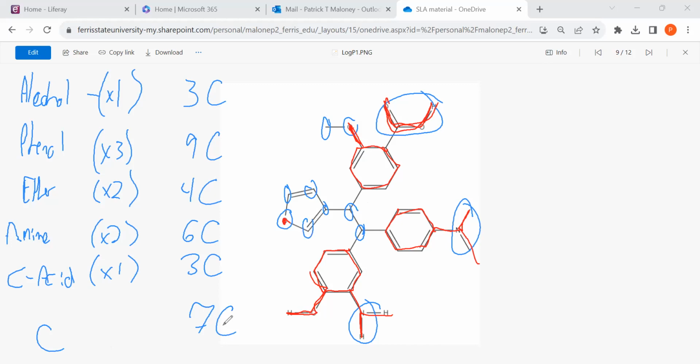Things that are included with this. So let's do kind of how we divvy it up. Our regular C's are 7. And then anything that is part of like the phenol rings are included. So we've got 9 here. So overall, we've got 16.